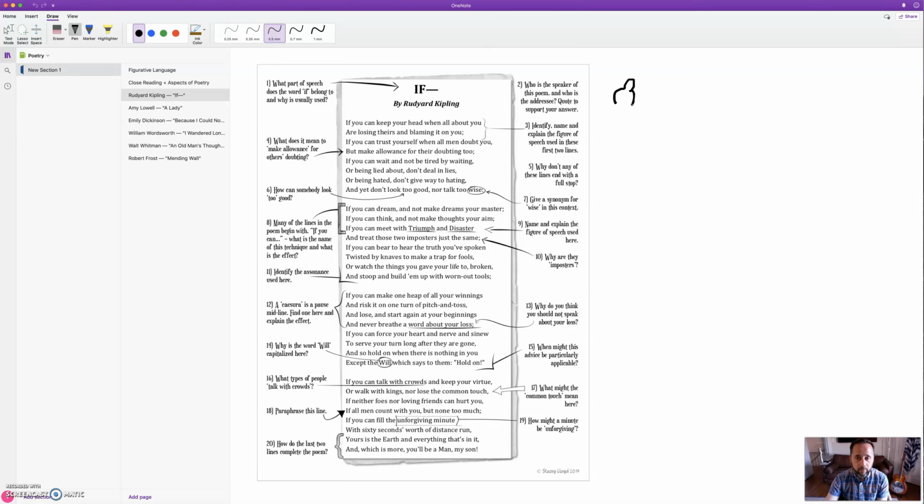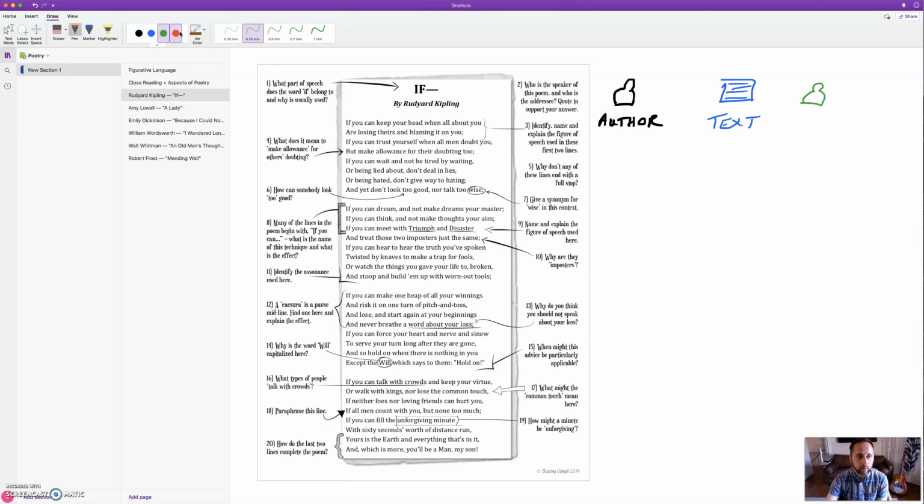So as we said before, there's the author, and then we said there's always the text itself that is created by the author. And then there's us as the audience.